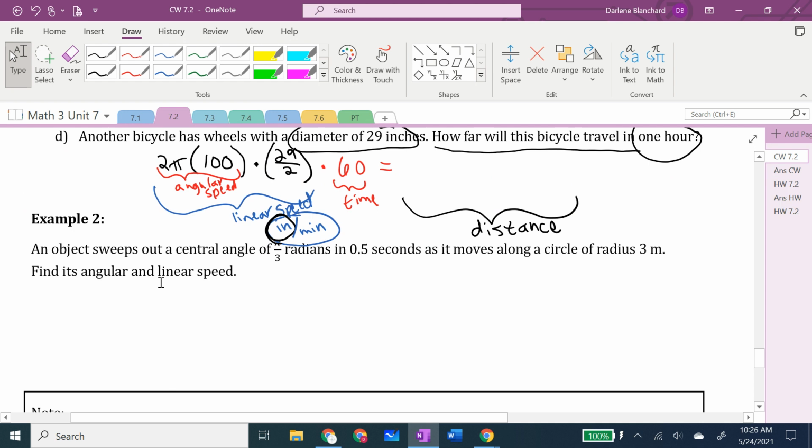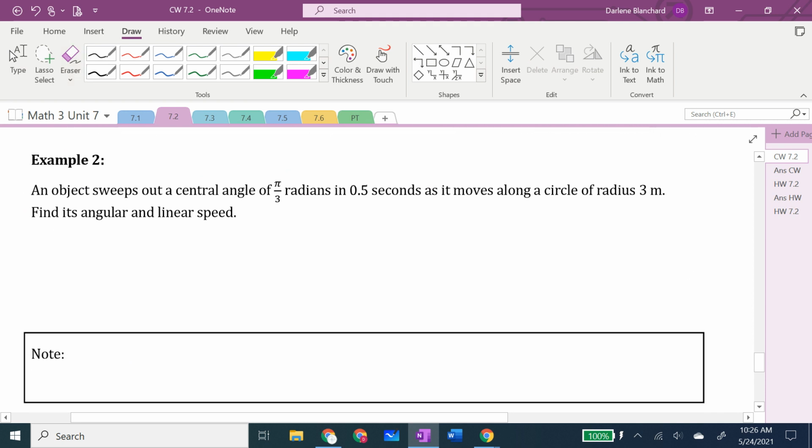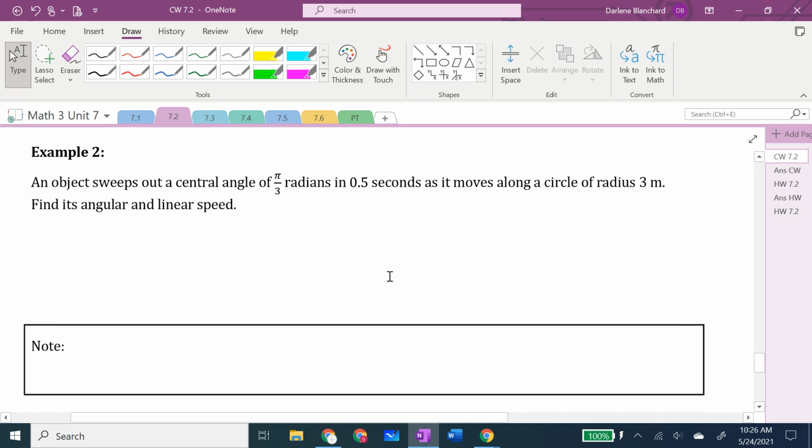Okay, now for more examples. We're being asked to find angular and linear speed.